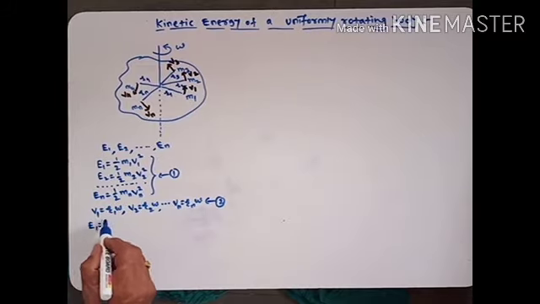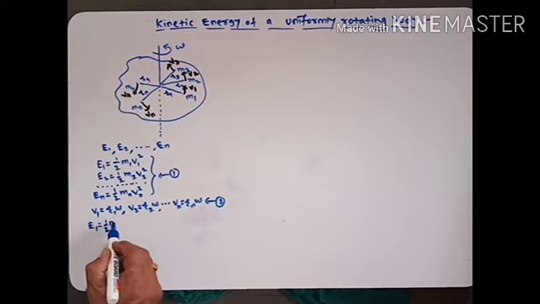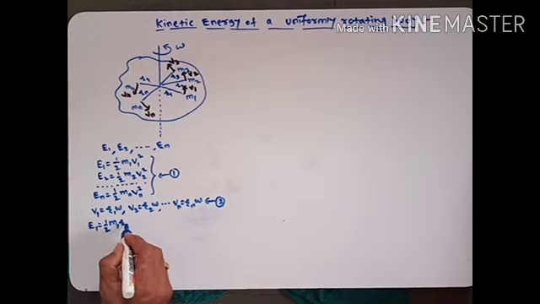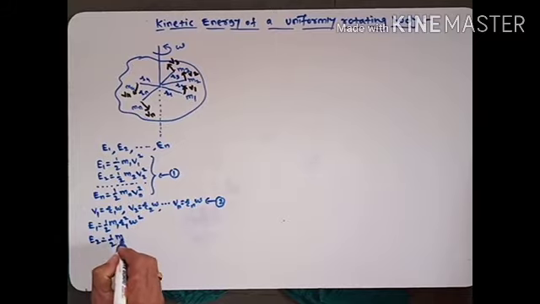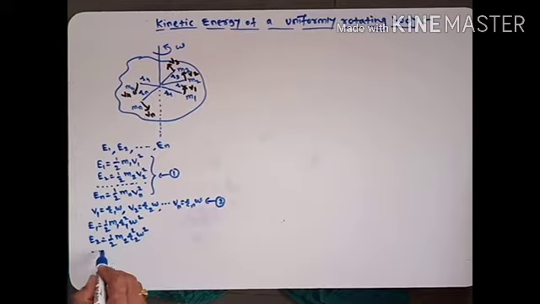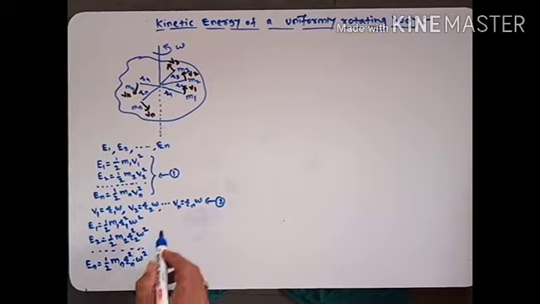E1 is equal to half m1 as it is, and value of v1 is r1 omega, therefore I write here r1 square omega square. E2 is equal to half m2 r2 square omega square. Like that, for n particles we can write En is equal to half mn rn square into omega square.